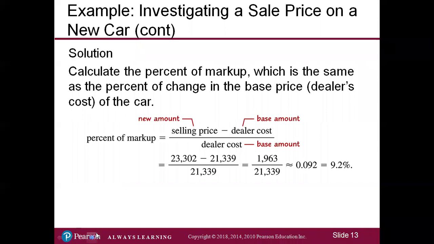Percent of markup equals the new amount minus the base amount divided by the base amount, or the selling price minus dealer cost divided by dealer cost, which equals a difference of $1,963 divided by $21,339, which is approximately equal to 0.092 or 9.2%.